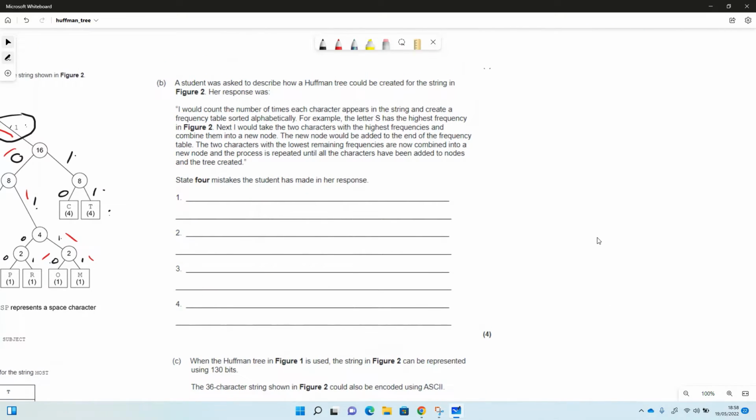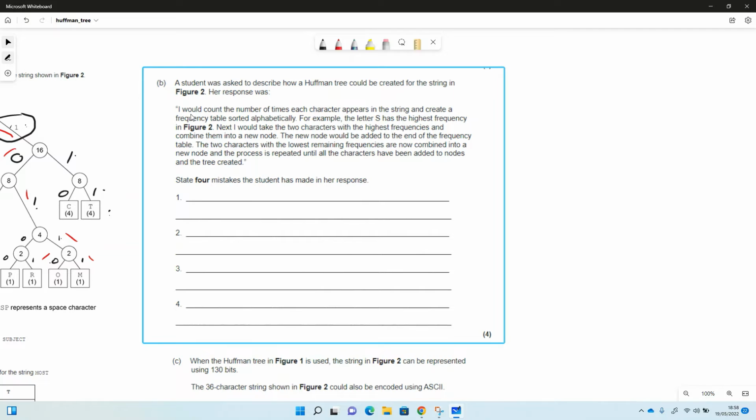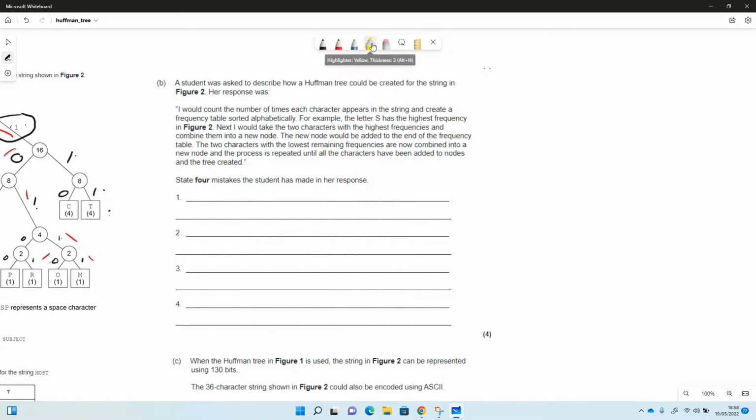So the student response is I would count the number of times each character appears in the string and create a frequency table sorted alphabetically. Well, I think that's the first mistake there, because we don't want to sort it alphabetically. We'd like to really sort that by frequency.